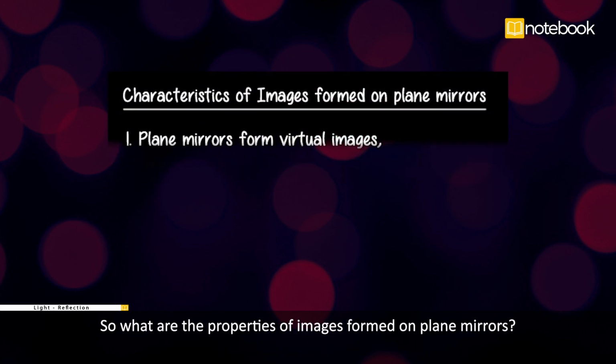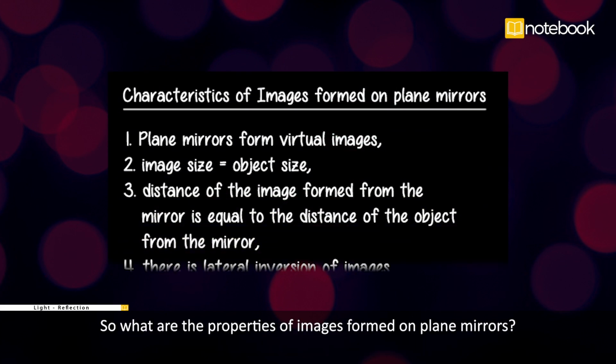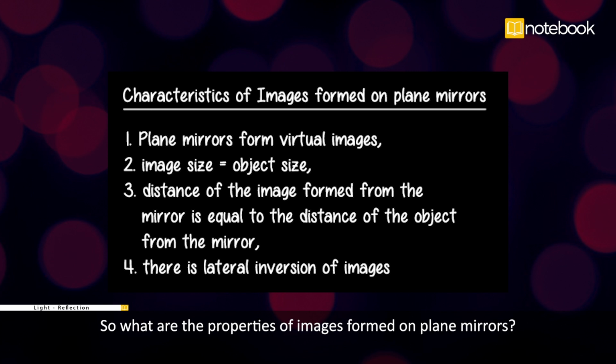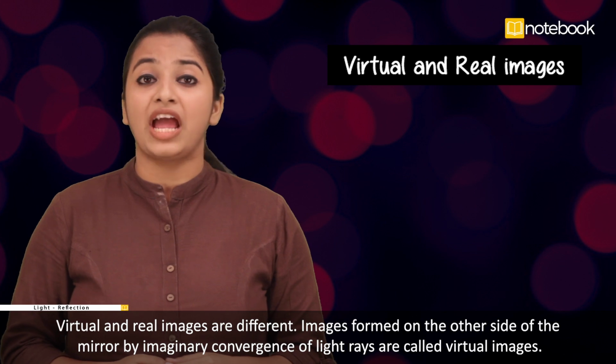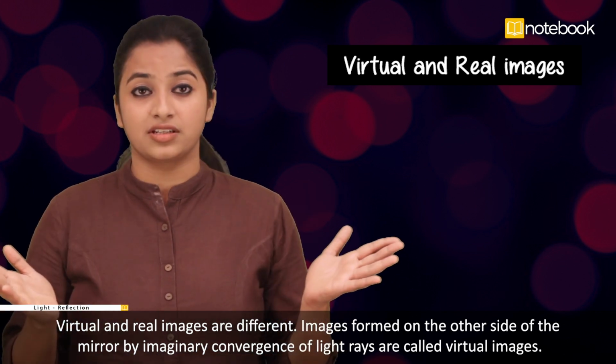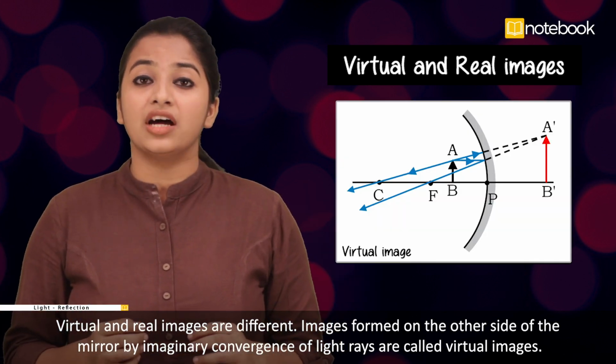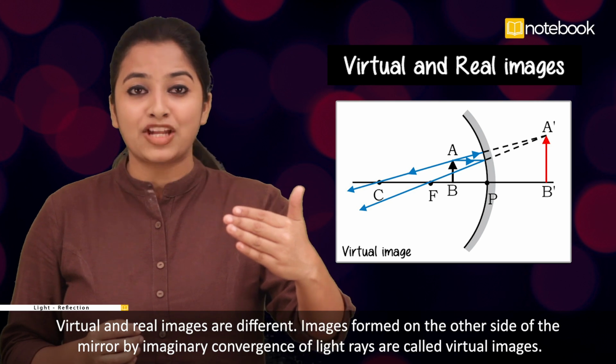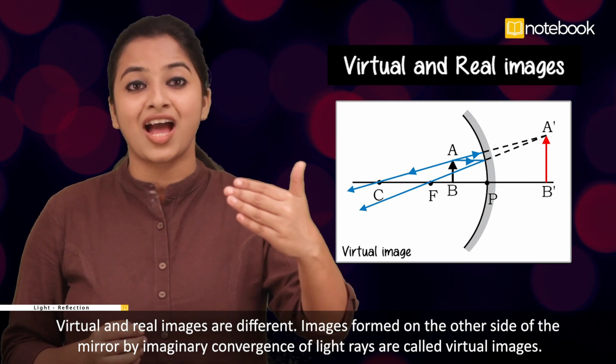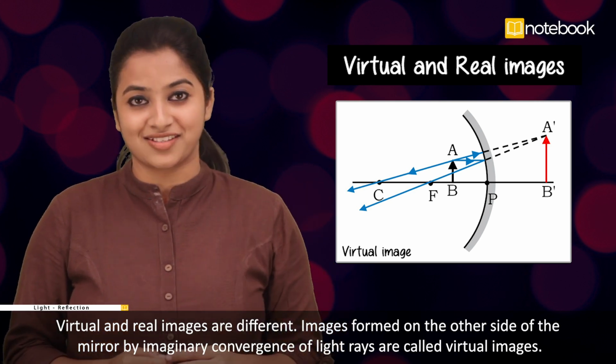So, what are the properties of images formed on plane mirrors? Virtual and real images are different. Images formed on the other side of the mirror by imaginary convergence of light rays are called virtual images.